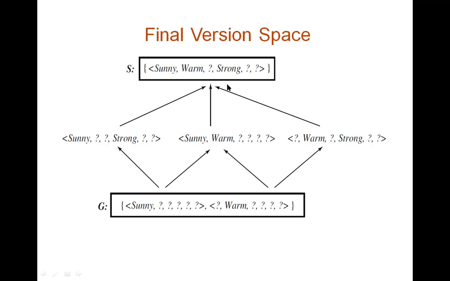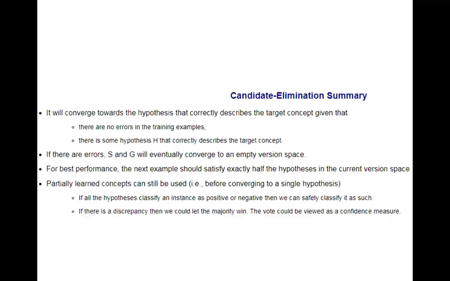Fourth example is again positive, and this hypothesis will classify that as positive itself. Similarly, all these 6 hypotheses will classify positive as positive and negative as negative. So we can say that all these 6 hypotheses are consistent with our given training data.